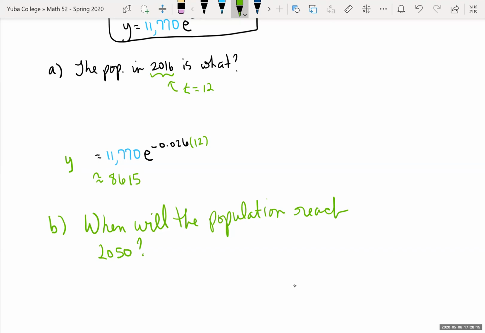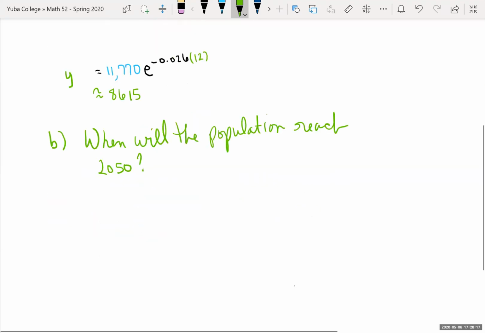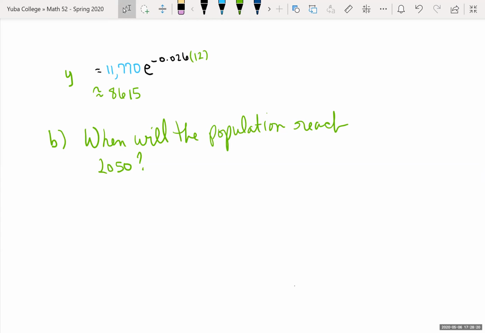Okay, so this is where we know what our Y value is, but we don't know what T is. And so we're going to plug in 2050 is equal to our initial amount, 11,770, e raised to the negative 0.026. And we're trying to figure out what T is.